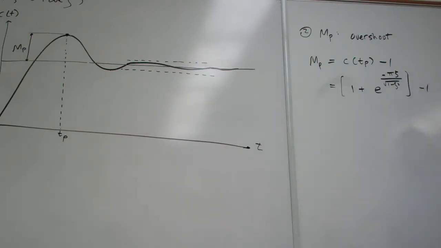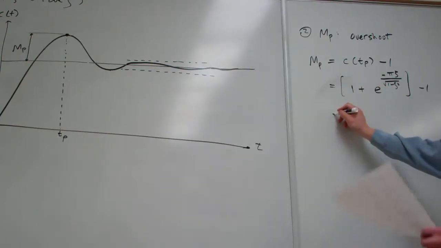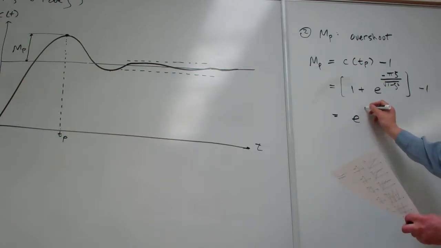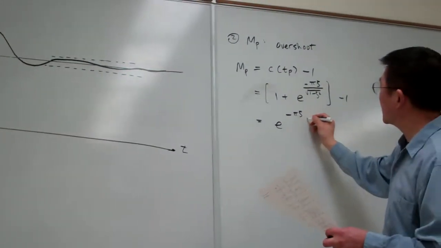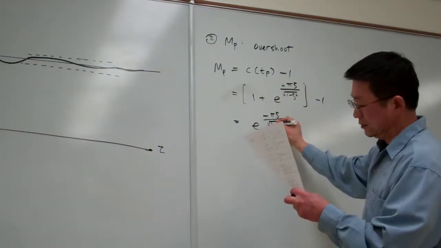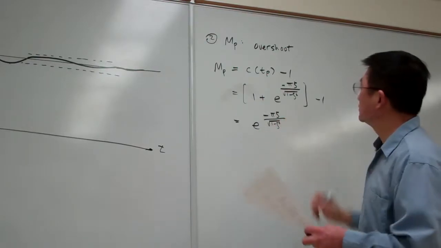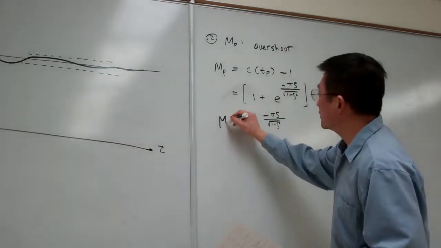Okay, so the value of C at the TP is equal to this one. Then basically here MP is e to the minus pi zeta over square root of 1 minus zeta squared. Okay, so this is our MP.